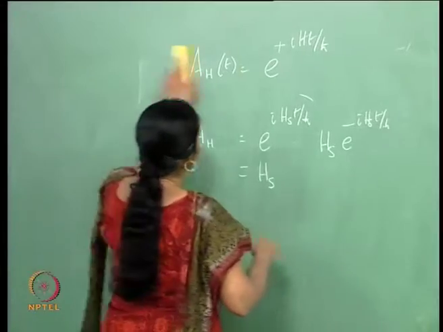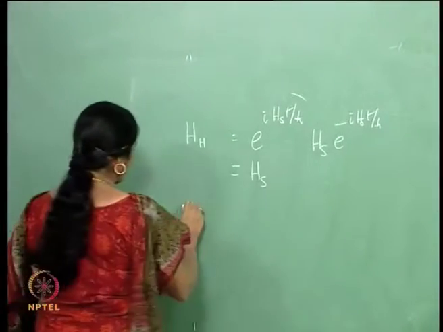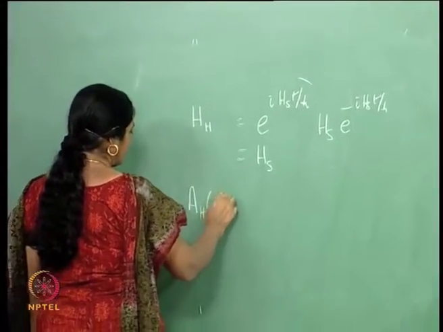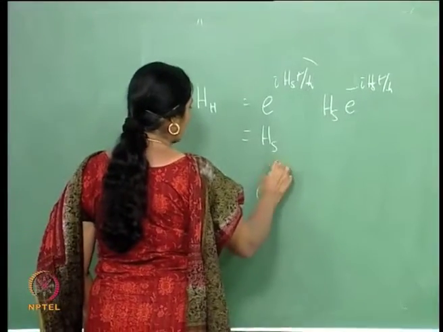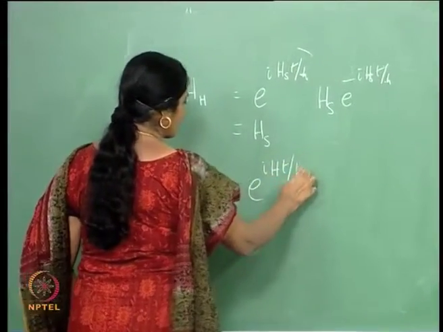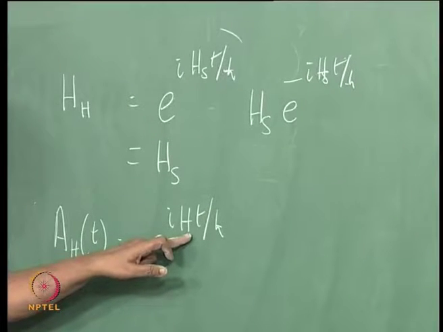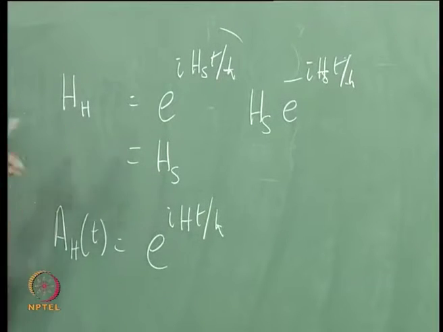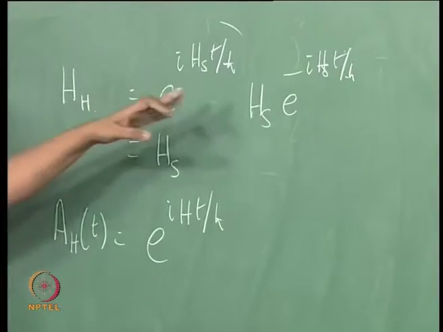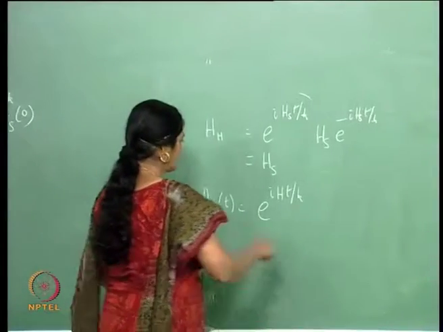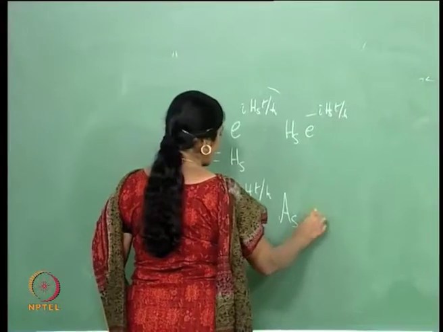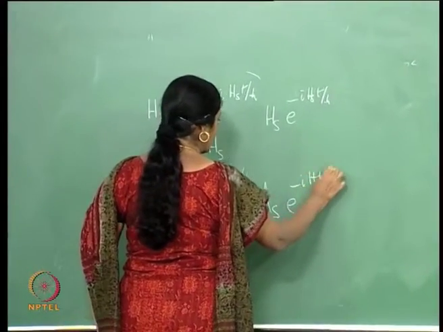But now let us look at any operator A H of t, that is e to the i H t by h cross, I will not put a suffix S or H here, because we have said the Hamiltonians are the same through this transformation, A S e to the minus i H t by h cross.